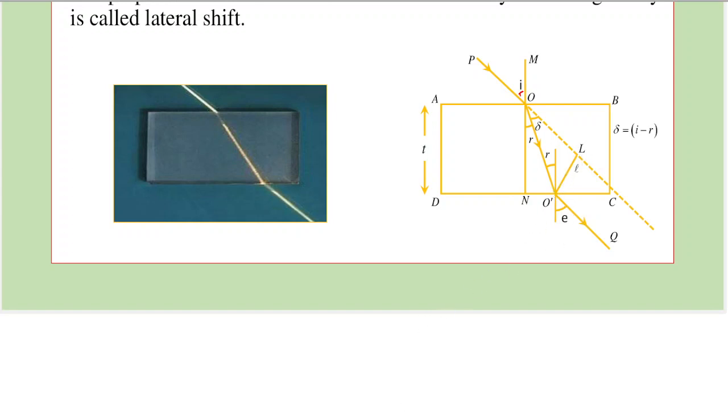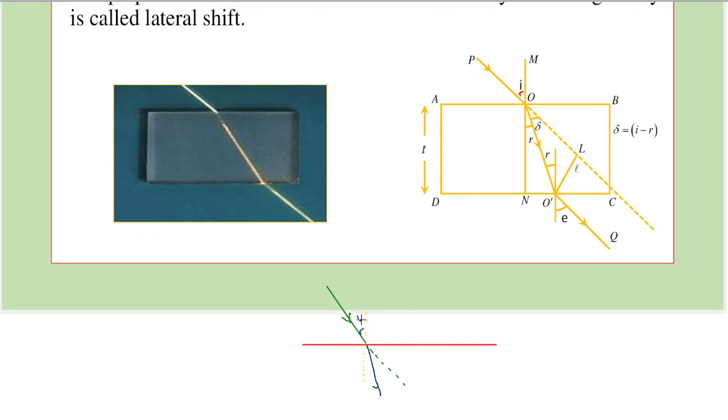We learnt in the previous lecture that if a light ray falls on an interface and moves from rarer to denser medium, then light would bend towards the normal. So instead of going along this direction, light would bend towards the normal and emerge like this.